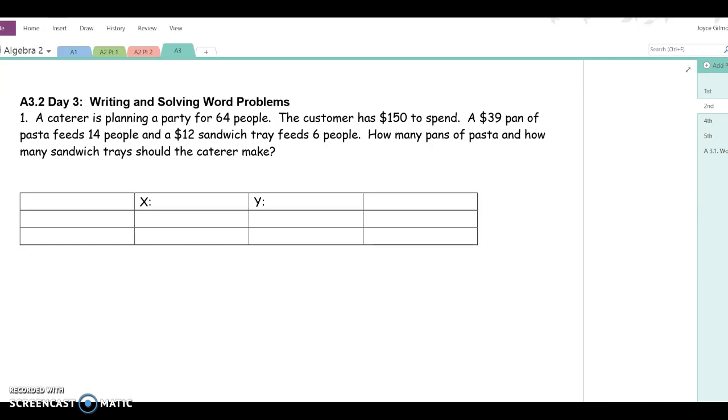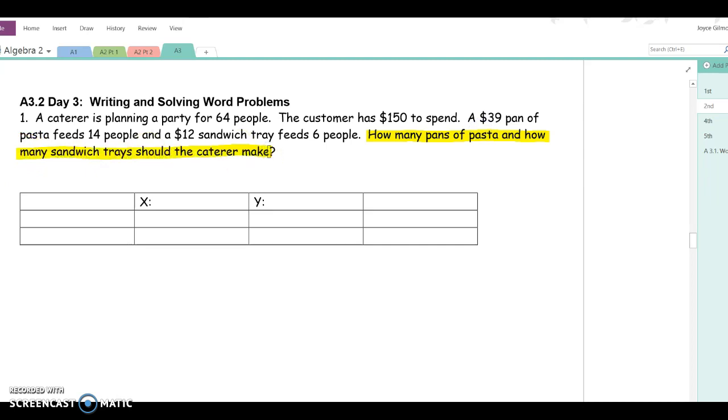In English, you learn that the first sentence of a paragraph is the most important sentence. It's the topic sentence. It tells you everything you need to know about what's going to happen in that paragraph. In math, it's the complete opposite. The last sentence is the most important sentence. It tells you a lot of information and it tells you what you need to do.